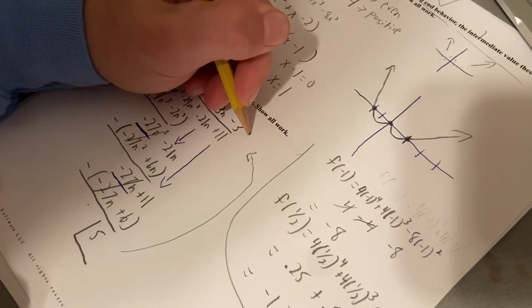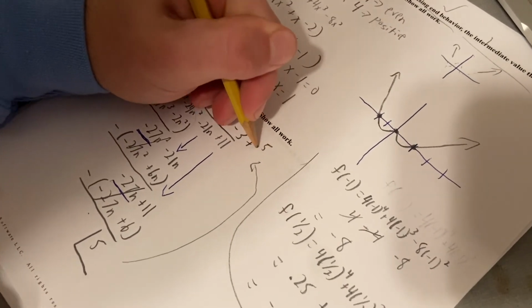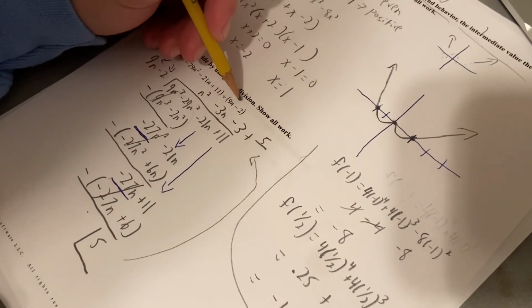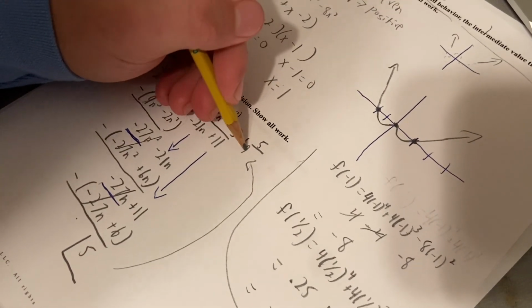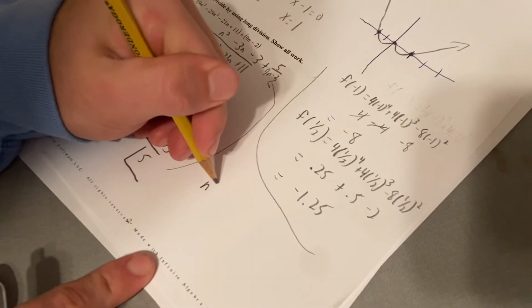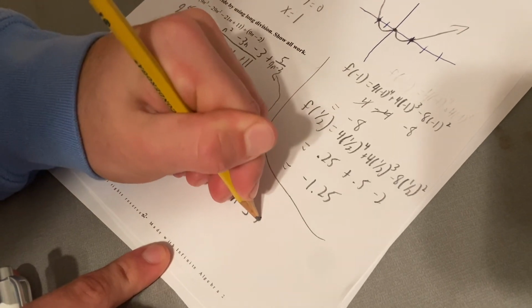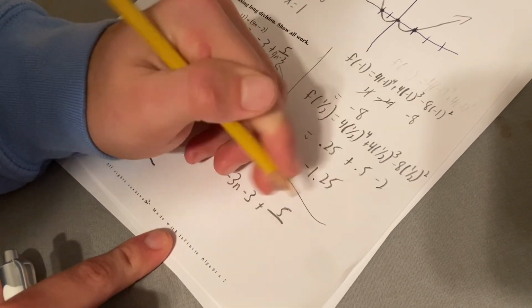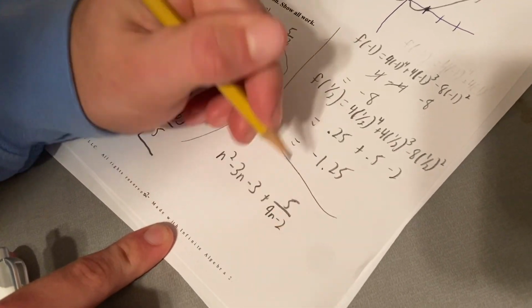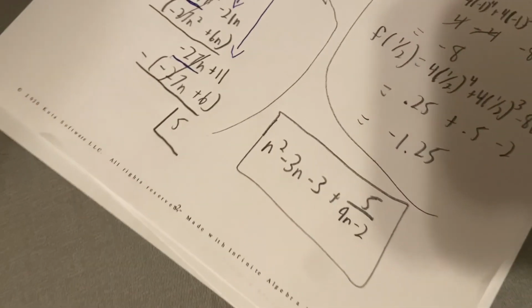And this will be, since the 5 is positive, 5, and then just your 9n minus 2 will be the denominator. So for the answer, we'll write it out easier: 5 over the 9n minus 2. That'll be the answer for number 5.